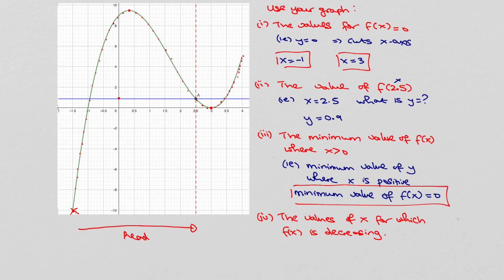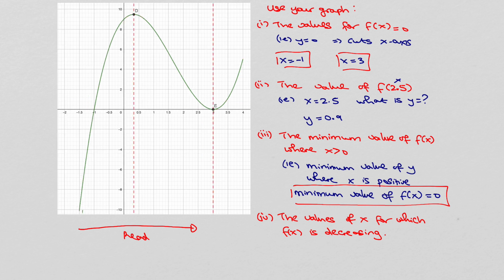So therefore, the values for which the function is decreasing are between these two values. So between our highest and our lowest point. So therefore, if I look, my range of values for x are going to be between, so we go 0.1, 0.2, so approximately 0.3, and then we have 3.